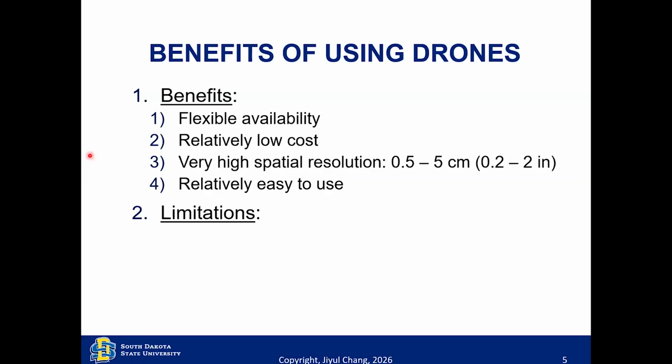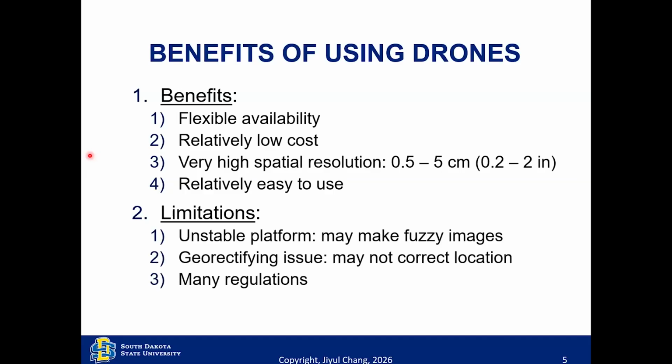Otherwise, there are also several limitations. A drone is very small, so it's a pretty unstable platform. When the wind is pretty high, you can get very fuzzy images. To scan a large field, you have to take many images.